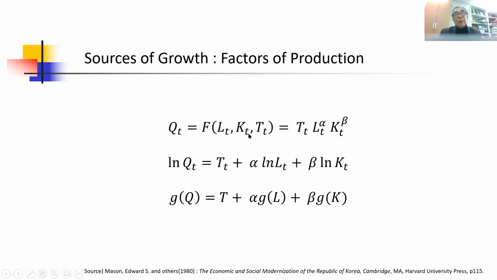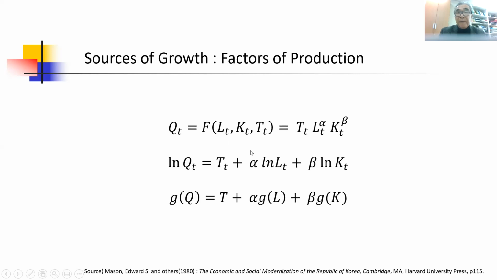Okay, so a frequent representation of the functional relationship between LT, KT, and TT, and QT, this functional relationship we call the production function. To be more exact, we define this as the aggregate production function.